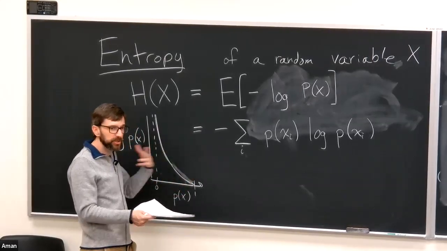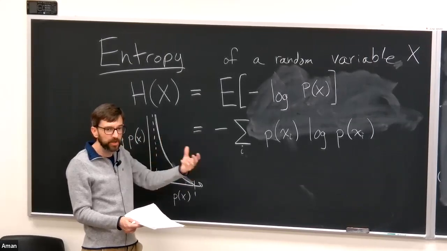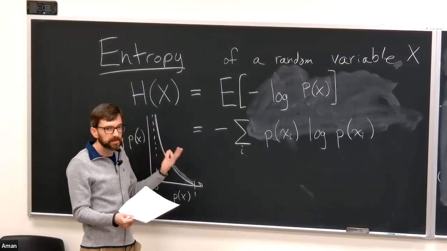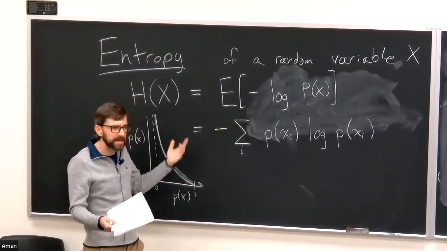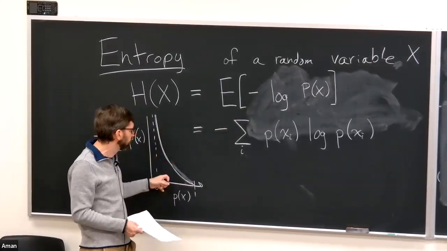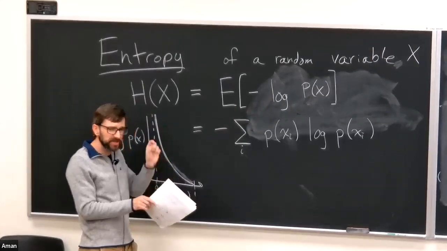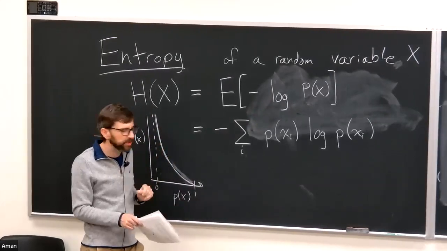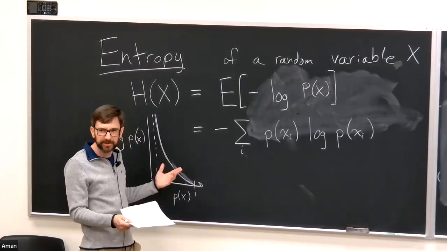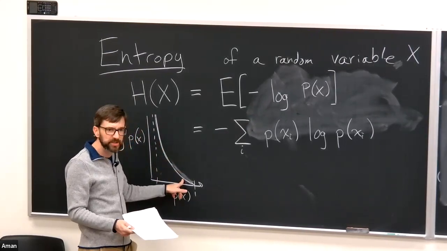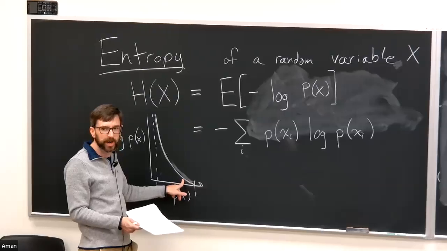The amount of information you see, or how surprised you are about what you end up observing, can be quantified this way. Think about the English language, and let's make a concrete example. Think about just the characters A, B, C, D, E, F, G, etc. If you see an E, it's a very common character in English. It has very low information content, low surprisal.